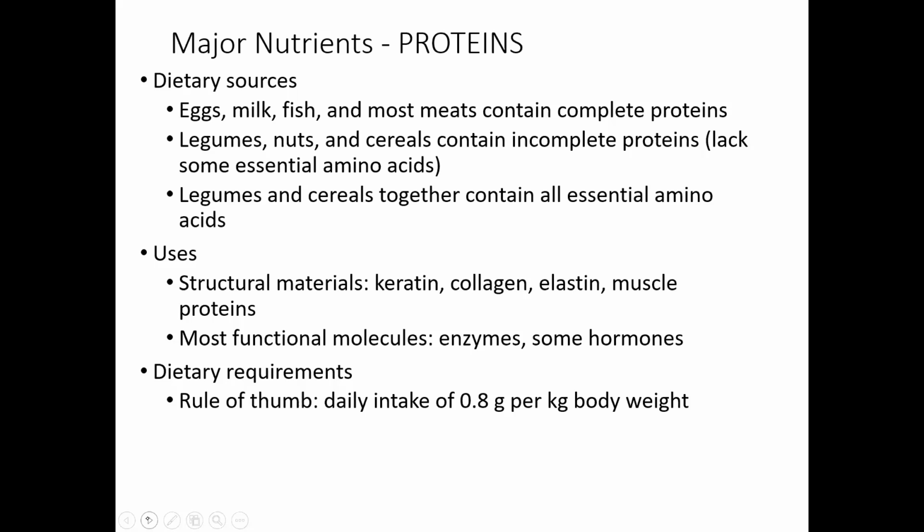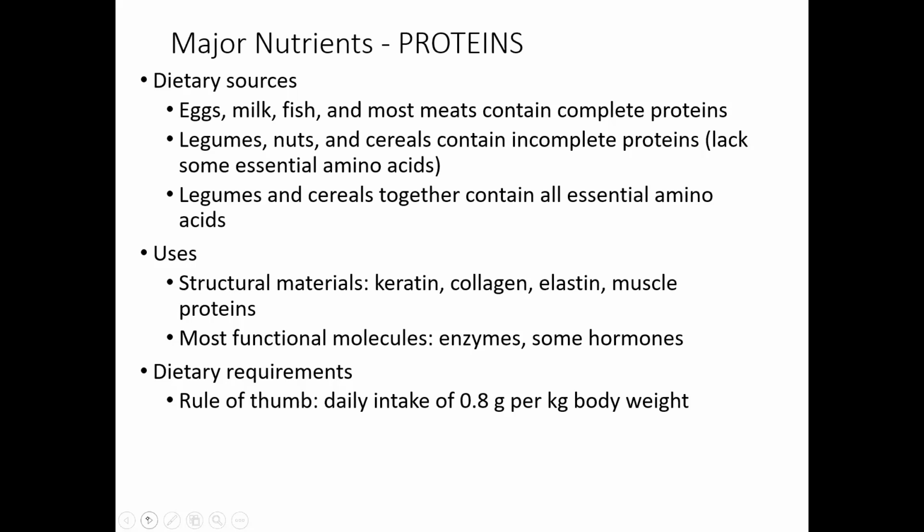If you're eating plant proteins, you have to mix and match, because corn gives you some amino acids, wheat gives you some amino acids, potatoes give you some amino acids. You have to mix and match your plant protein sources to get all 20 amino acids.